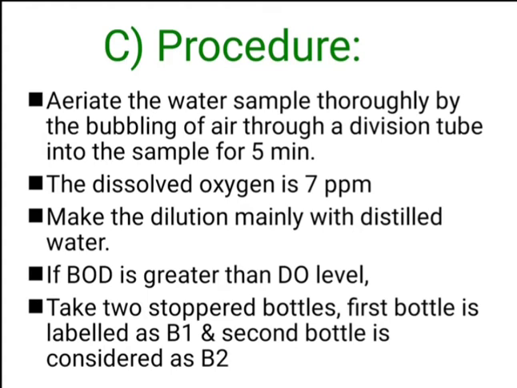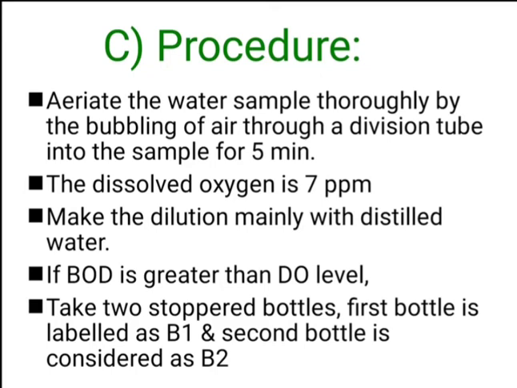Now we have the solution. We have taken the stopper bottle. In the stopper bottle we have taken a sufficient amount of distilled water, then added 1 ml phosphate buffer. After that the magnesium sulfate, calcium chloride, FeCl3, everything is added 1 ml, and the oxygen is bubbled into it.